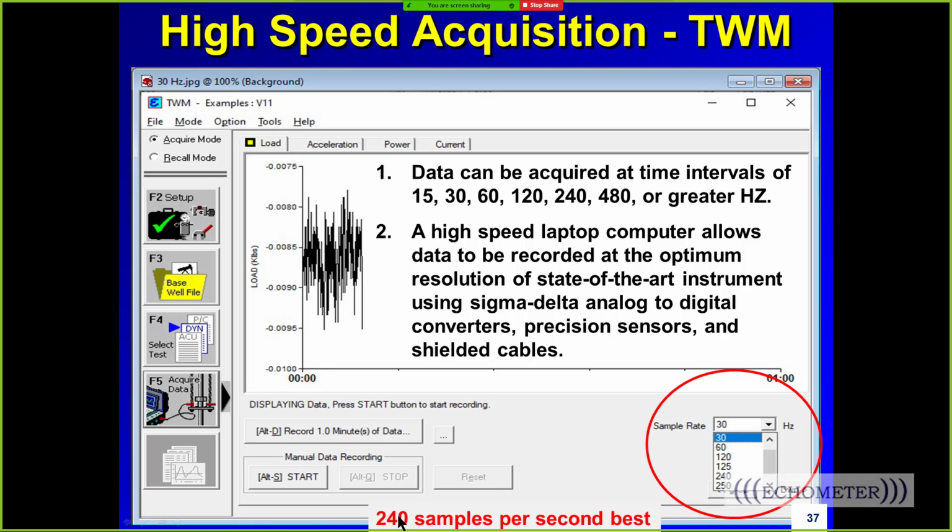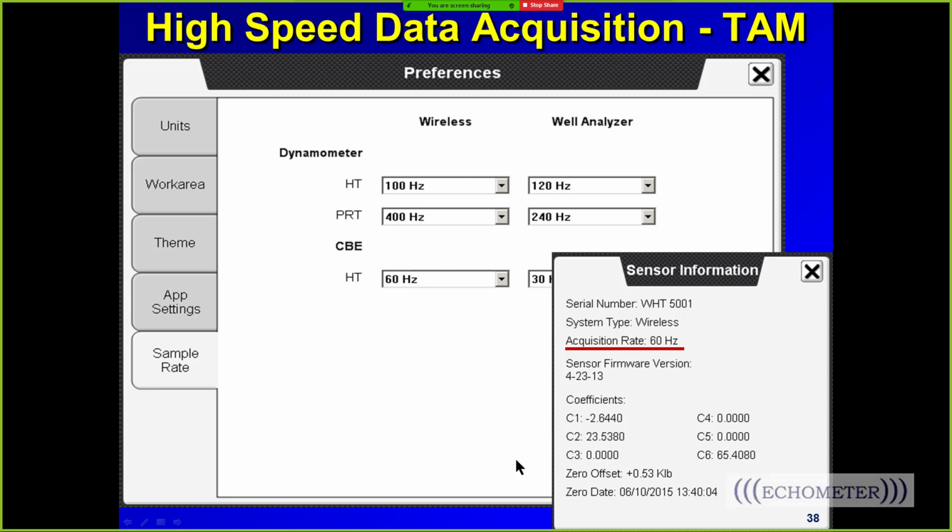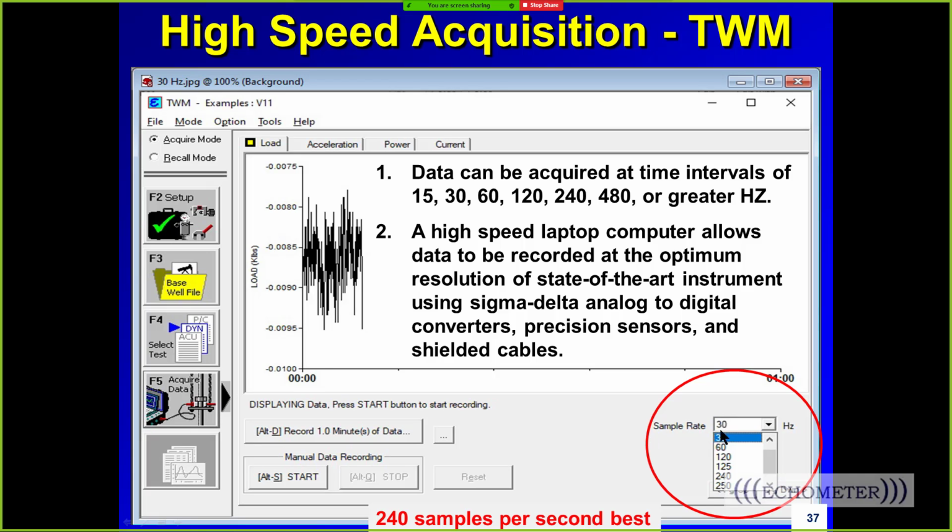So one of the things that we say is, if you see a sudden load change on your dynamometer card, we recommend you change the sampling speed to 240 samples a second for the dynamometer data, and maybe even 480 samples a second, and that will allow you to see the data. This is in TWM here, TWM's drop down.